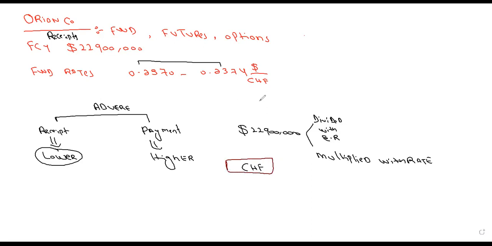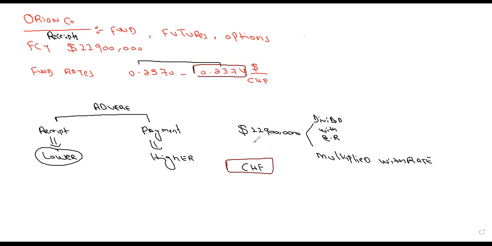Now, guys, remember what was the criteria? We should have the lower receipt. So if you divide with the higher rate, you will automatically get the lower receipts.